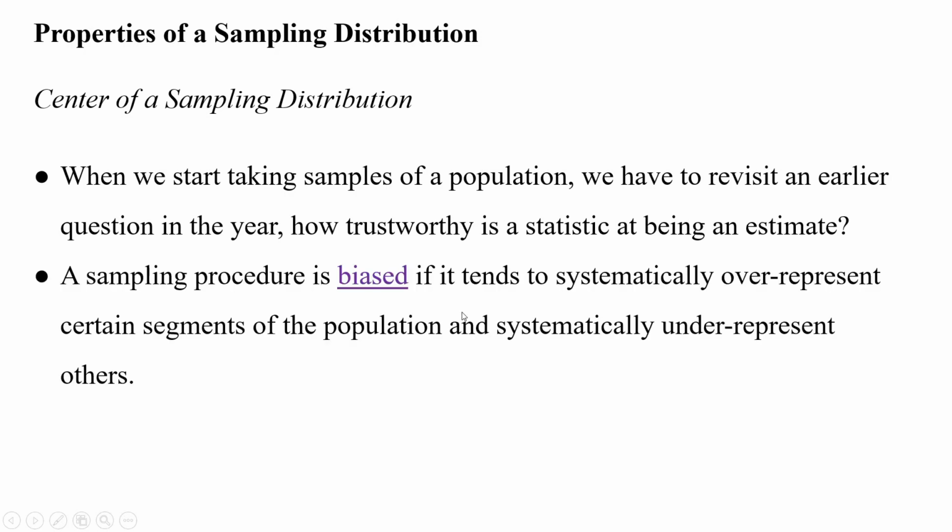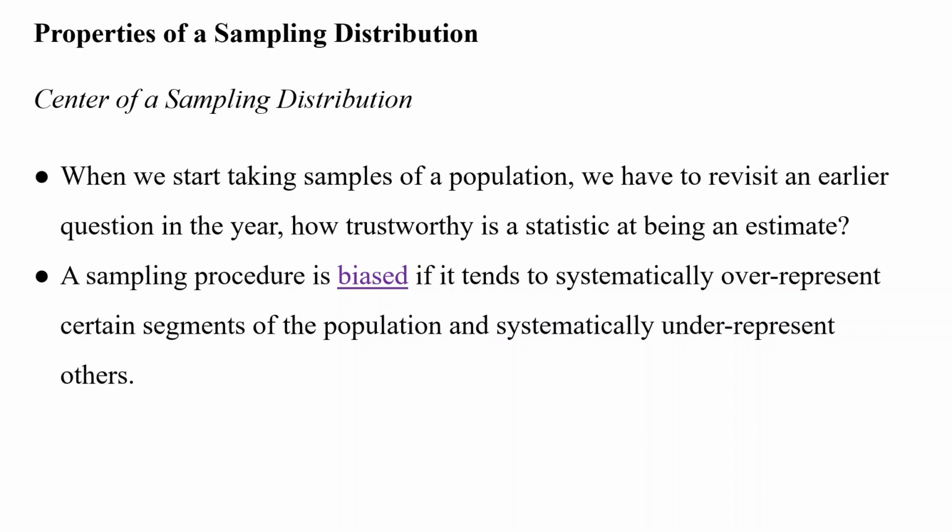So a sampling procedure is biased, or it's not very good at being an estimate, if it systematically overrepresents certain segments of the population. Now, that keyword systematically means that there's something in the way we sample that is always going to result in a biased sample.